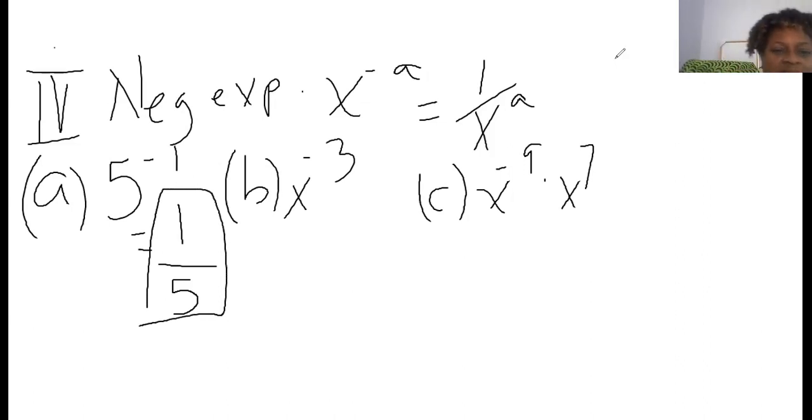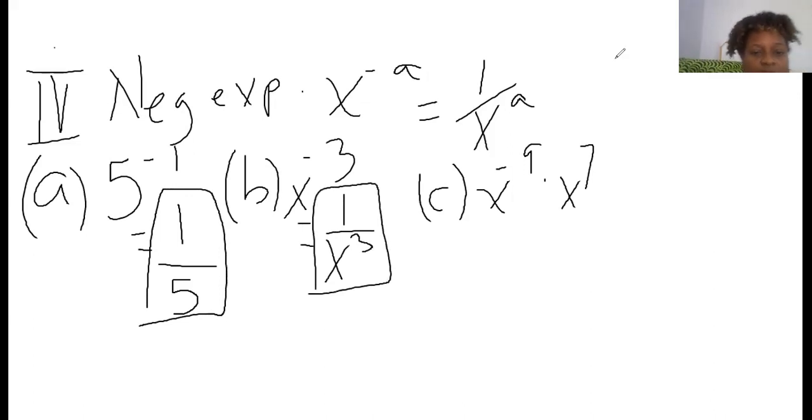B model, x to the negative third. How do I bring that to a positive state? Same process. Even though it's a variable, we will still show the flip. So I will show 1 over x to the third. Final answer. And C model, applying the product rule, what will I observe here?